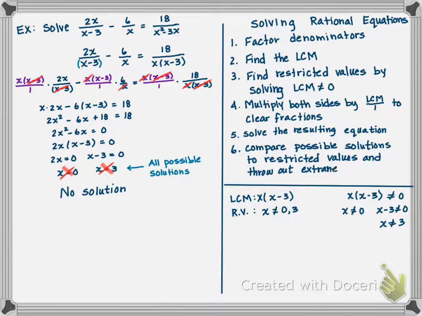So extraneous solutions are possible solutions that are restricted values. So if any of your possible solutions match your restricted values, we throw them out.